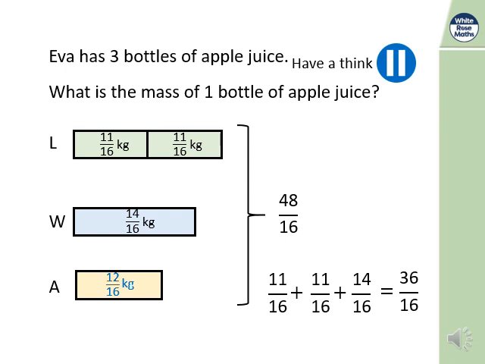Eva has 3 bottles of apple juice. What is the mass of 1 bottle of apple juice? So if she has 3 bottles of apple juice that are 12/16 of a kilogram, what would 1 bottle weigh? I'll give you 10 seconds to have a think. How could you find that out?